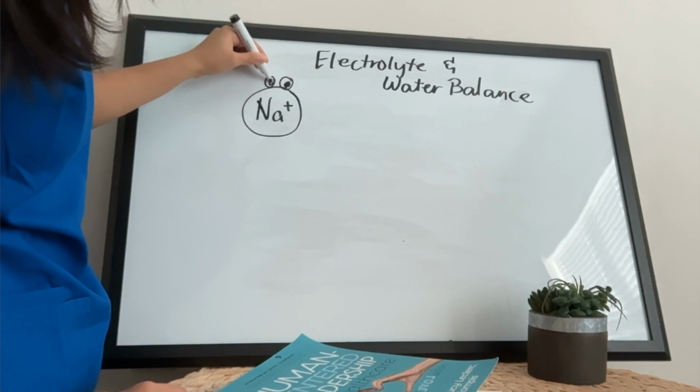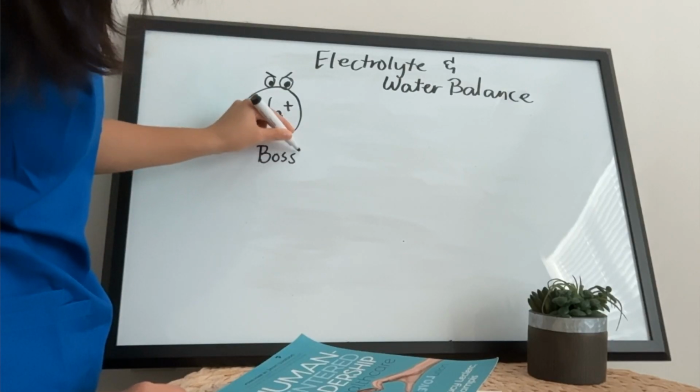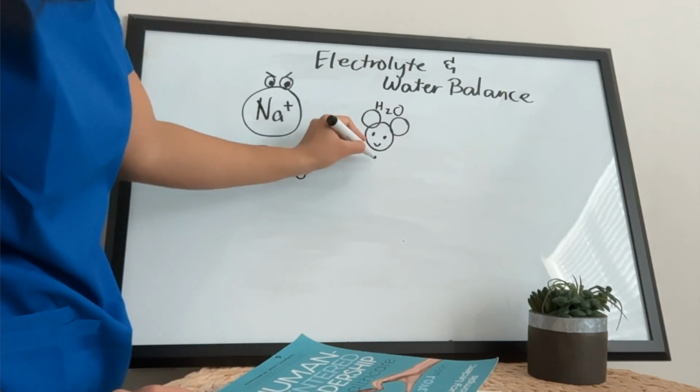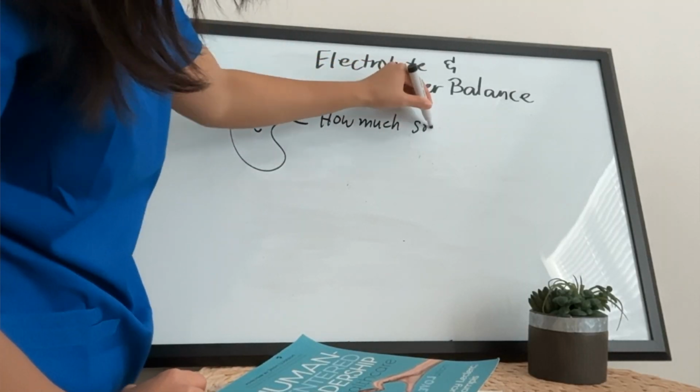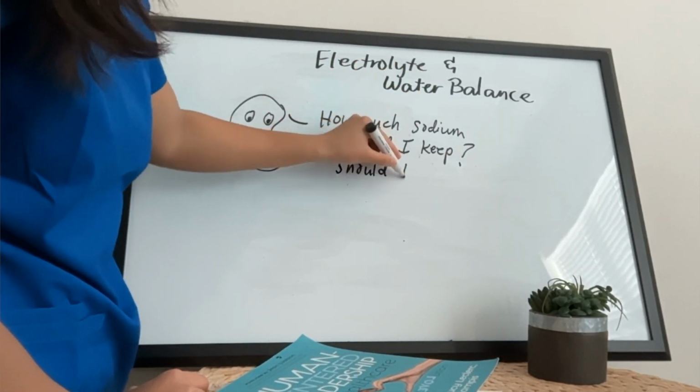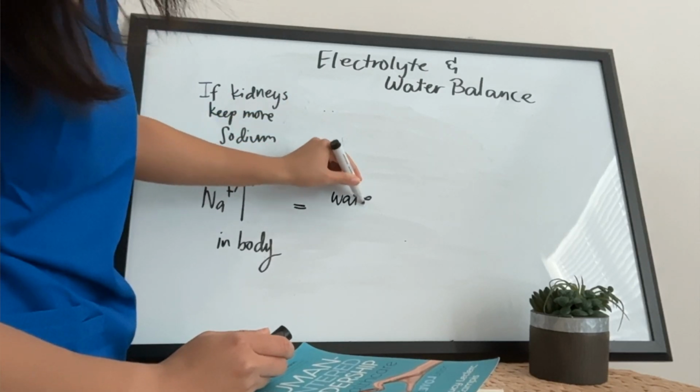Think of sodium as the bossy electrolyte, where sodium goes, water follows. The kidneys constantly decide how much sodium to keep and how much sodium to excrete in the urine, or remove from the body. When the kidneys hold onto sodium, water stays in the bloodstream to dilute it.